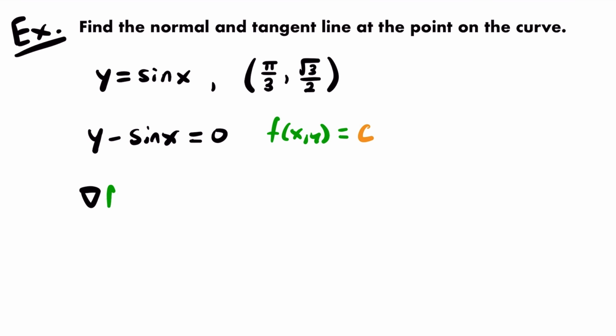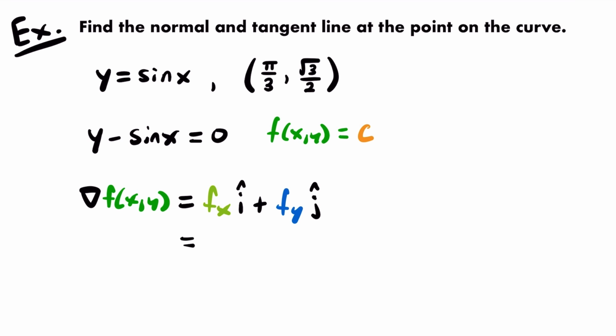Del f of x y will be equal to the partial derivative with respect to x times i plus the partial derivative with respect to y times j. So the partial derivative with respect to x of this function, ignoring the constant part, you're just looking at this right here, f of x y. Y would be a constant with respect to x, so just take the derivative of negative sine x, which will be negative cosine x.